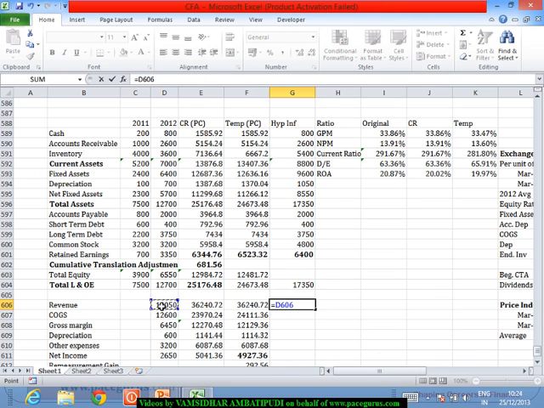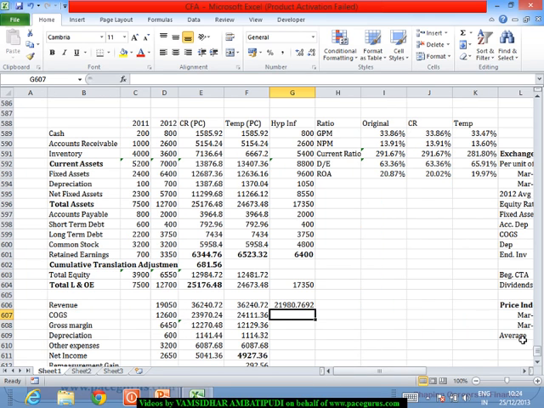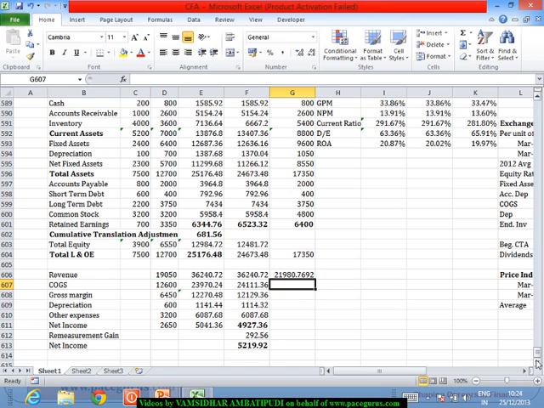I restate all of them based on the current to the average, because assuming that I purchased them somewhere in the middle, when the inflation rate was something like that.